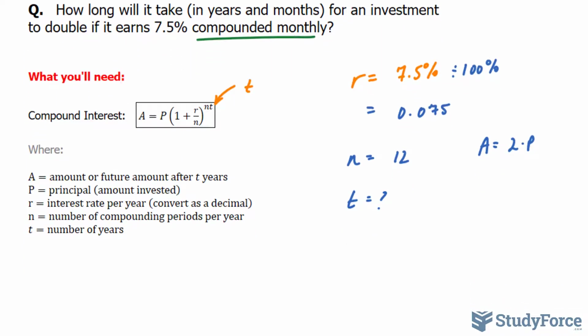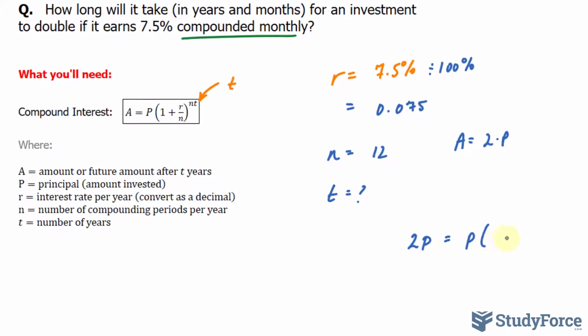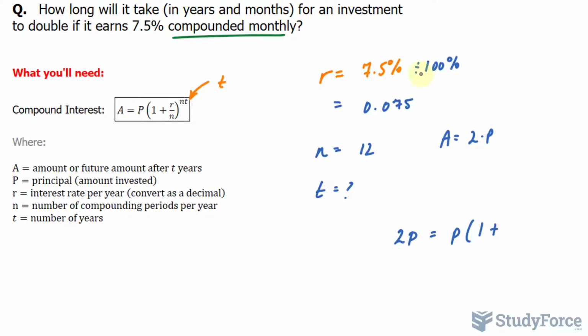With that being said, I'll substitute all these values into this formula. I'll first replace this A with 2P, 2 times the principal. P bracket 1 plus R being 0.075 over N, which is the number of compounding periods per year. We found out that is 12.